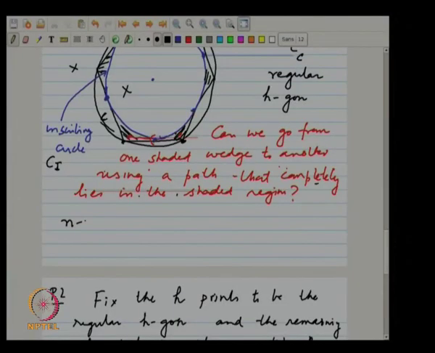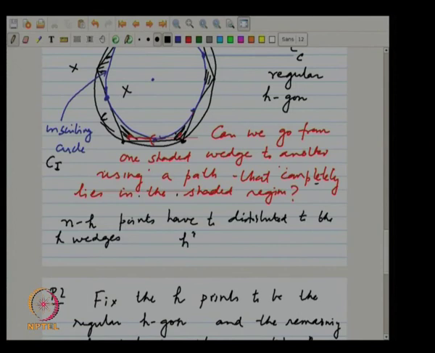The n minus h points have to be distributed to the h wedges. How many ways can you do that? Right, h to the power n minus h.